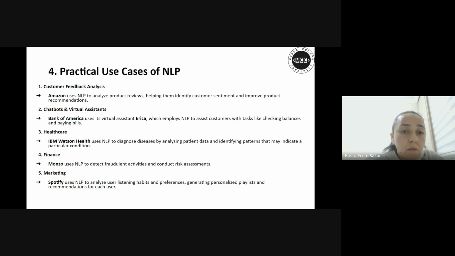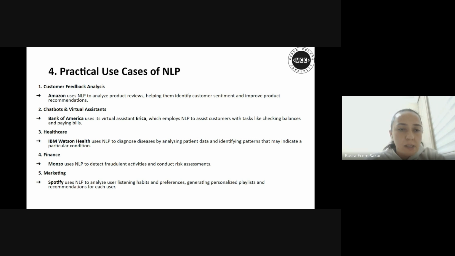This way Watson can detect patterns that might indicate a specific condition, and this technology helps doctors make more informed decisions about patient care. In finance, Monzo, a digital bank, employs NLP for fraud detection and risk assessment.